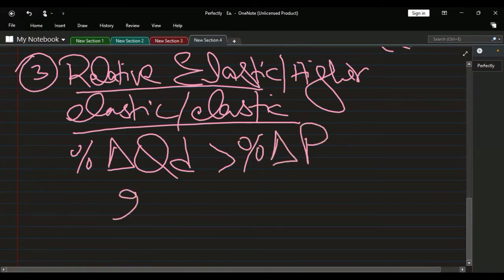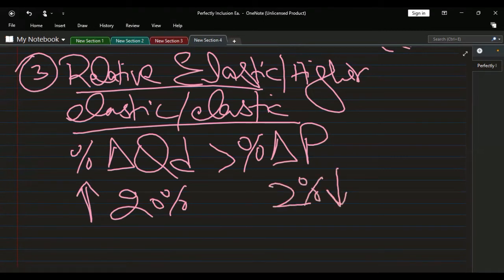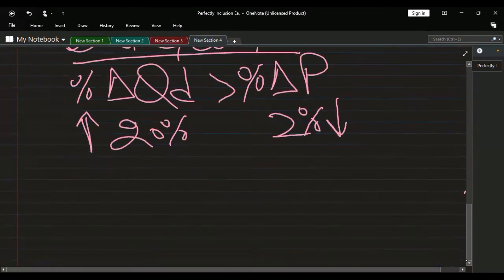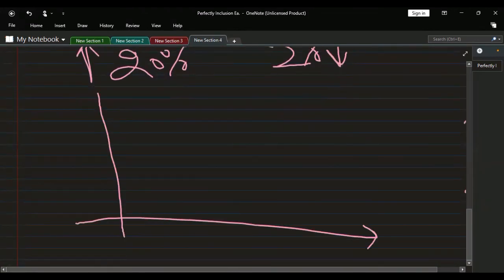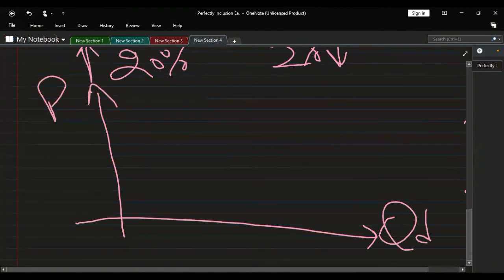For example, if there is 20% increase in the quantity when there is a 2% decrease in price, this will be called elastic demand, and graphically it is as follows.